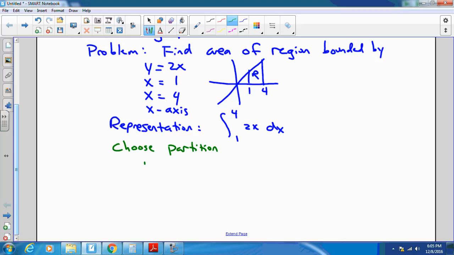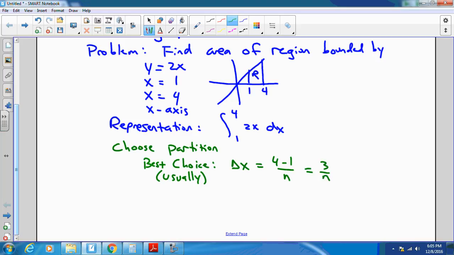And the easiest partitioning scheme is to make all of our delta x's be the same. This is not the only partitioning scheme that we can use, and it's not always the best, but for a large majority of functions, it's going to be our best choice.